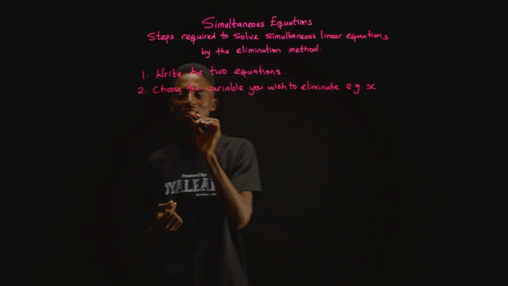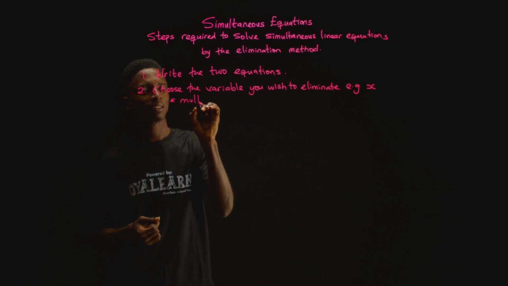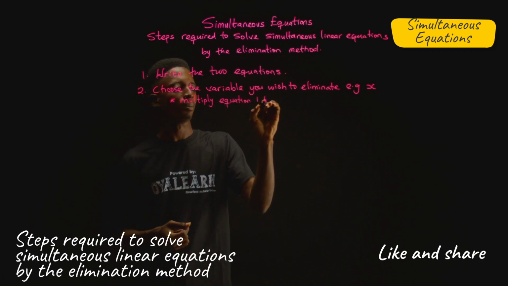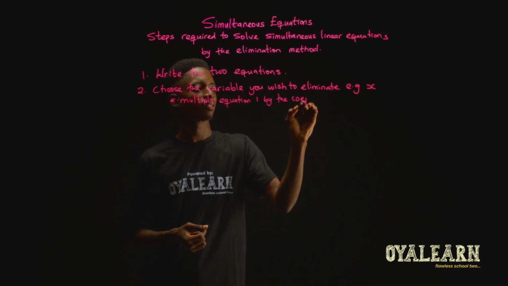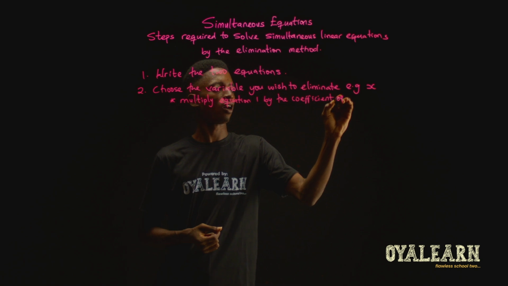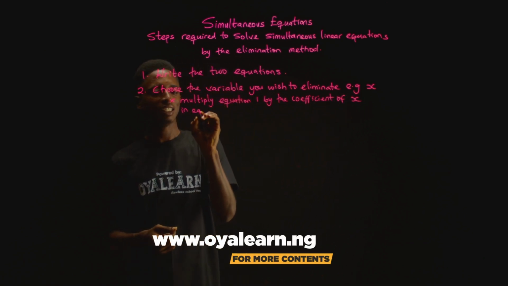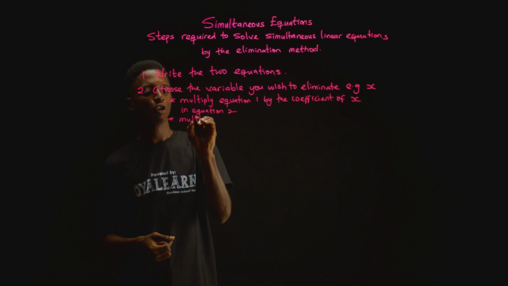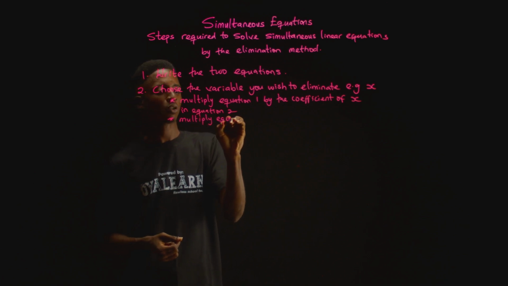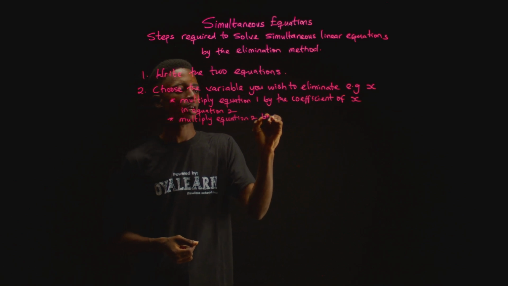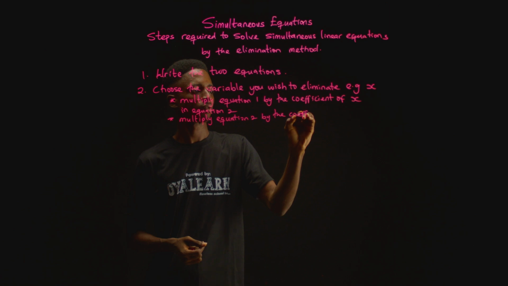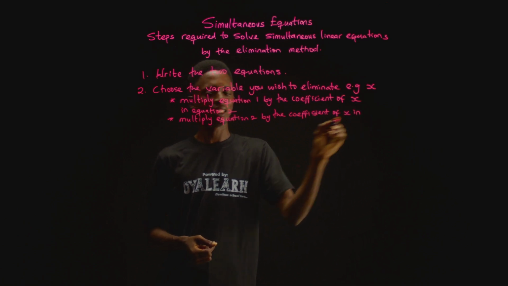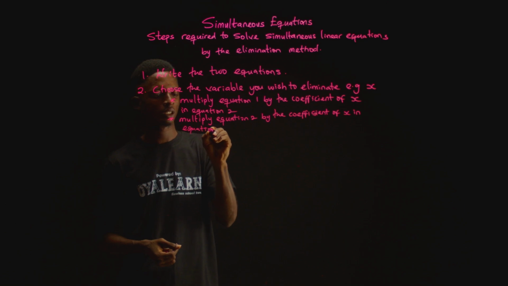Now, the way you do this is you multiply equation 1 by the coefficient of x in equation 2, and then you multiply equation 2 by the coefficient of x in equation 1.